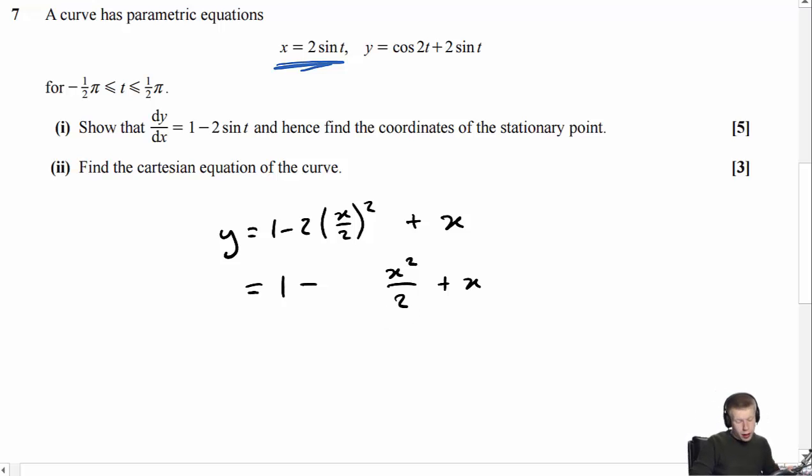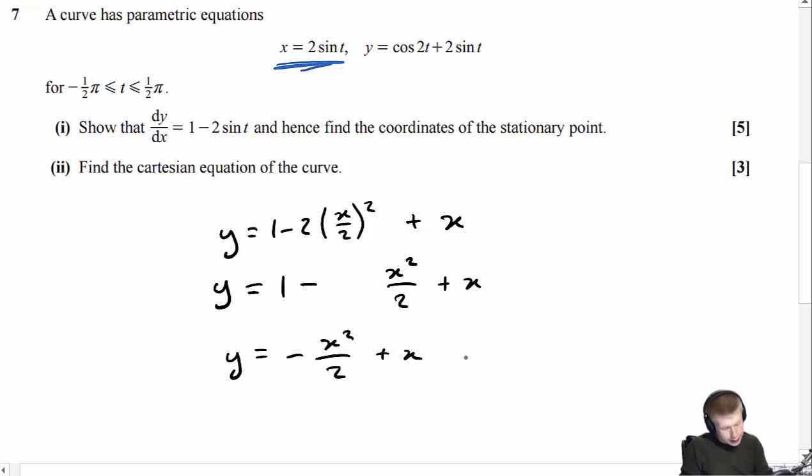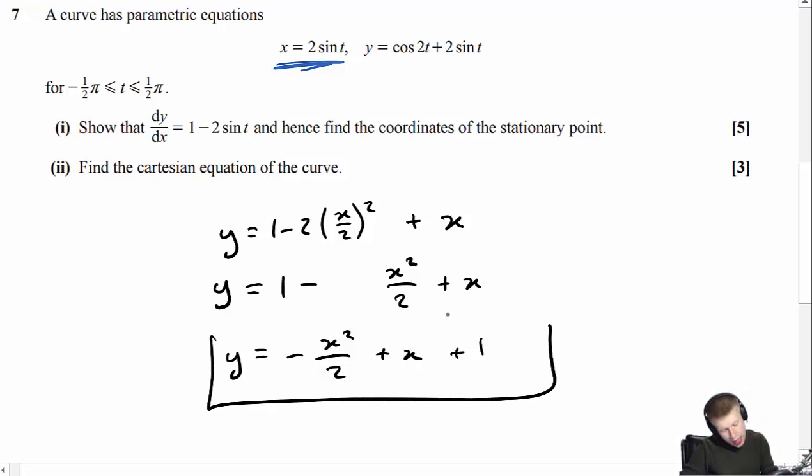So I've got 1 minus x squared over 2 plus x. So that's what y is equal to. That's a quadratic because the highest power is a 2. So I've got y equals, I'm going to write the x squared term first, minus x squared over 2 plus x plus 1, I guess. And of course you could multiply through by 2, but that there is totally fine. That looks a little bit like a quadratic.